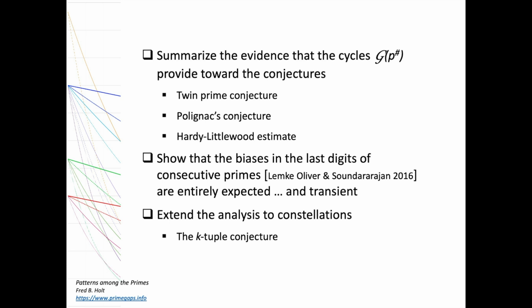They are entirely expected. It would be surprising if they did not see the biases. Not only are they expected, but the cycles of gaps suggest they're transient. And then finally, we will extend the analysis we've done to constellations, that's sequences of gaps. And this will make that connection between this work and the K-tuple conjecture.